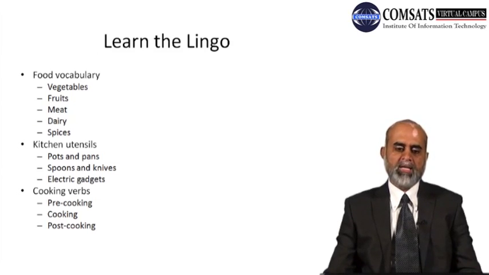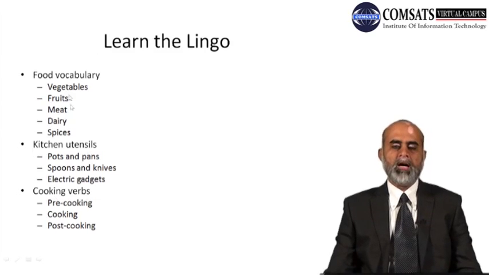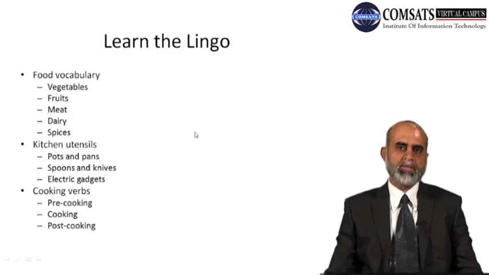So you need to enhance your food vocabulary, vocabulary about kitchen utensils, vocabulary about cooking verbs. In fact, what you should do is, in your notebook, you should write food vocabulary, and you should classify them under vegetables, fruits, meat, dairy and spices, etc.